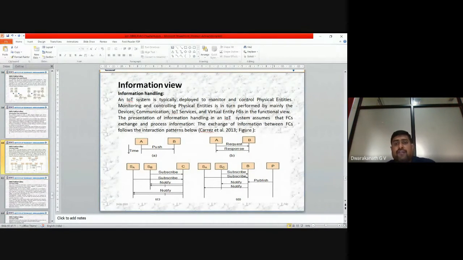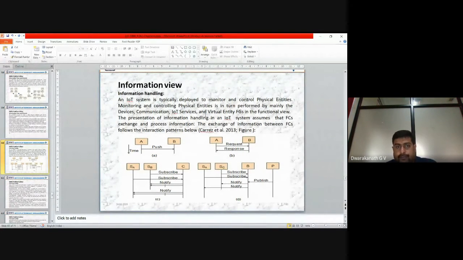Monitoring and controlling the physical entities is in turn performed mainly by the devices, communication, IoT services, and virtual entity functional groups in the functional view. This we know already.